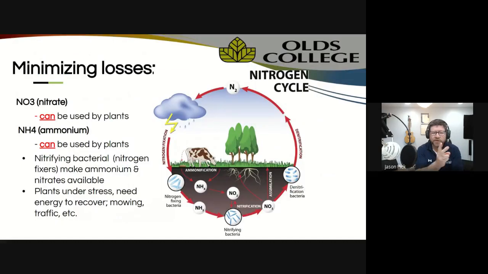There are only two types of nitrogen that can get into the plant: nitrate and ammonium. So when you're picking your nitrogen products, you're looking at ammonium nitrate or ammonium sulfate. These are NO3 or NH4. Those are the only two forms of nitrogen that the plant can use.